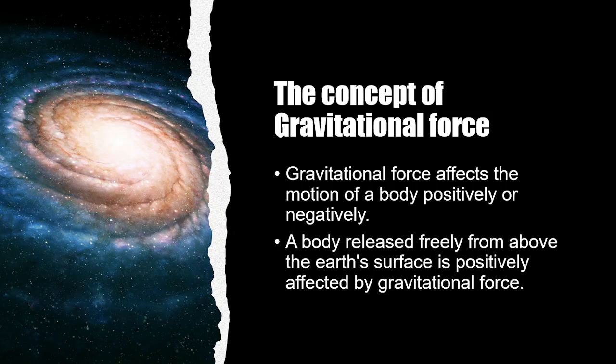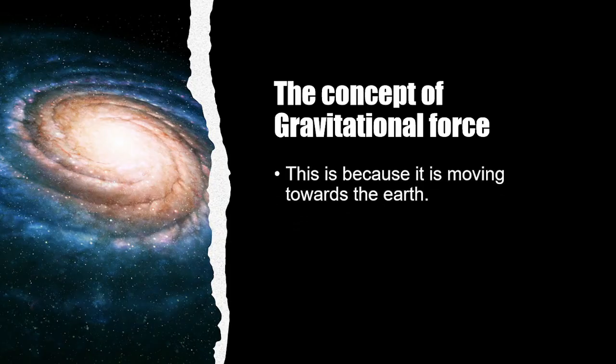It will result in the pull of that object towards the Earth. So here we see the positive effect of the gravitational force, simply because the body is moving towards the Earth.